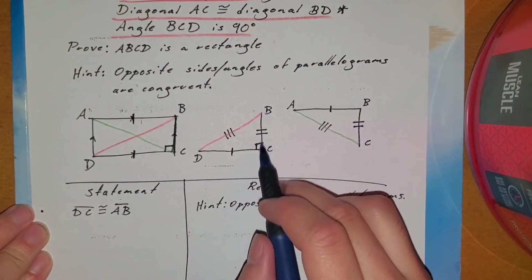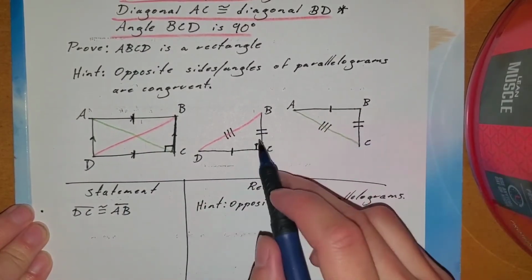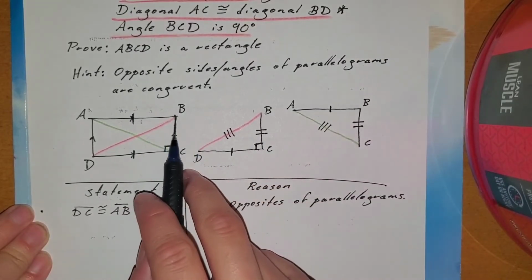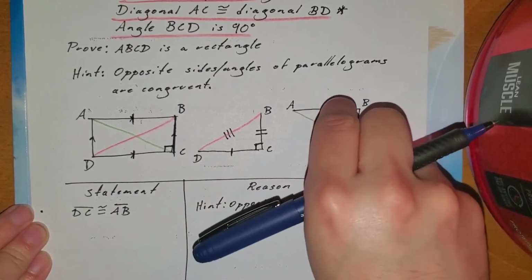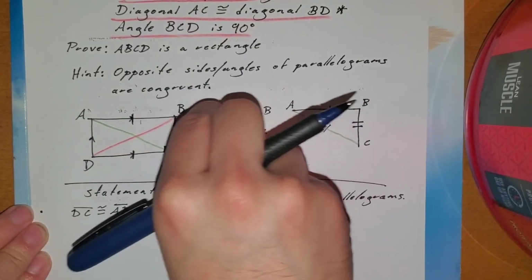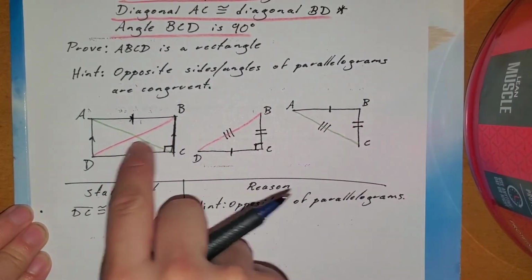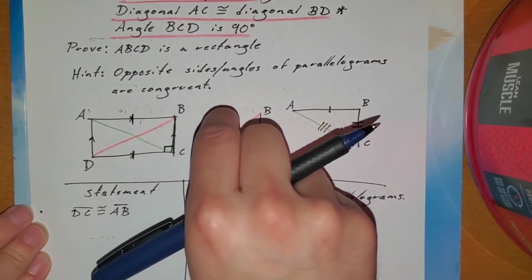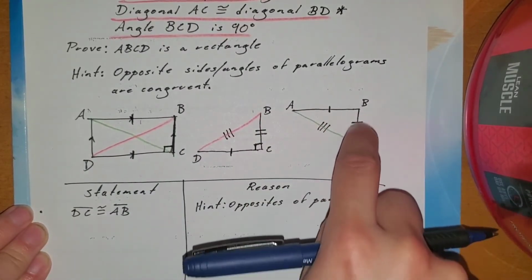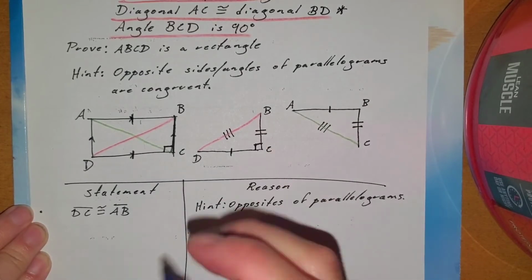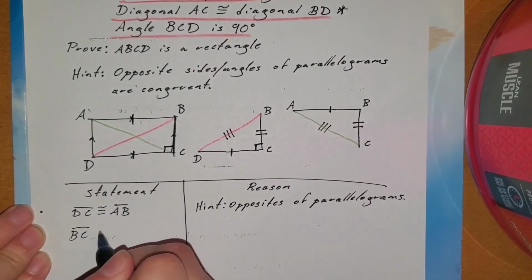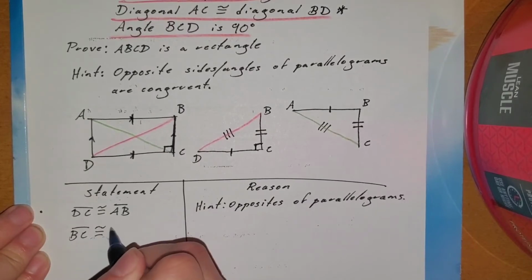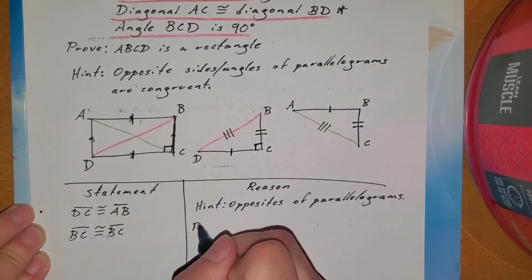The second one was that BC is congruent to BC, by the reflexive property. Remember, both triangles share this side. If I were to put them back together, to come back to this and drag this one on top of this one, these two sides would coincide. So BC is congruent to itself, BC, by reflexive property.